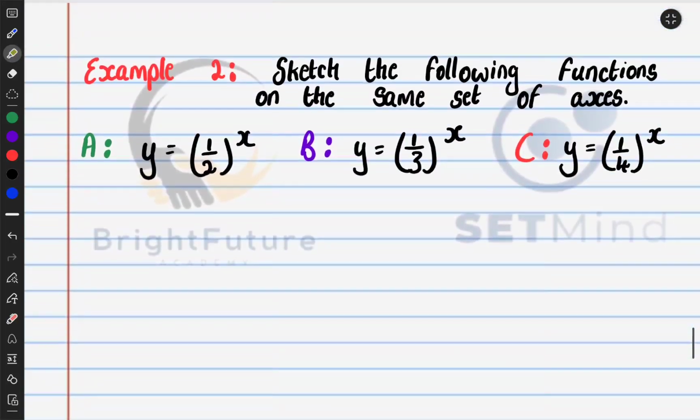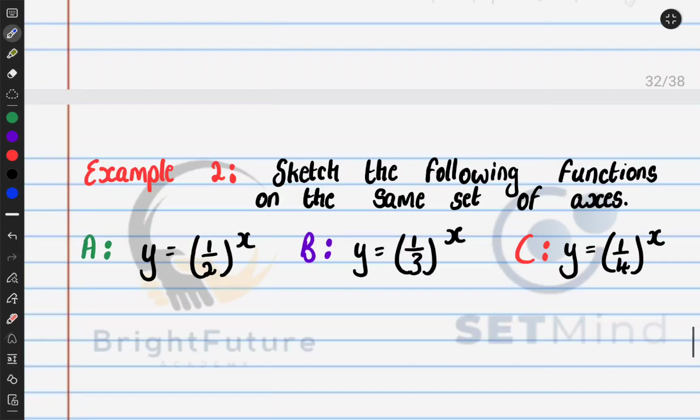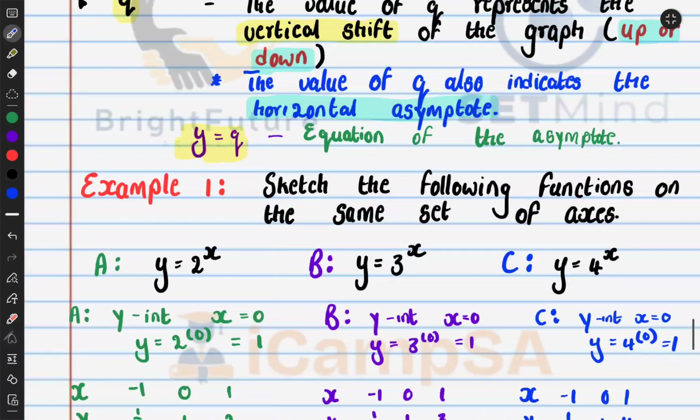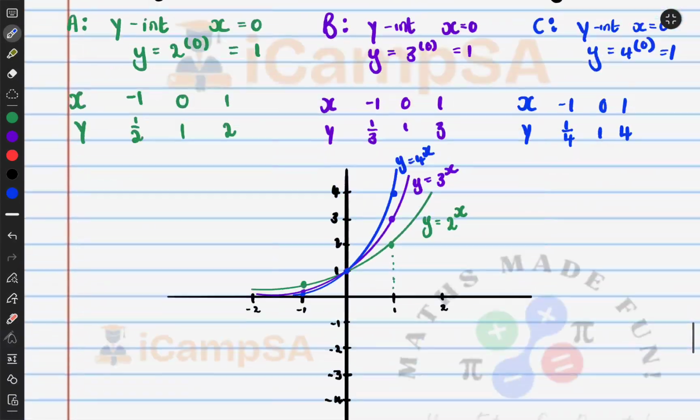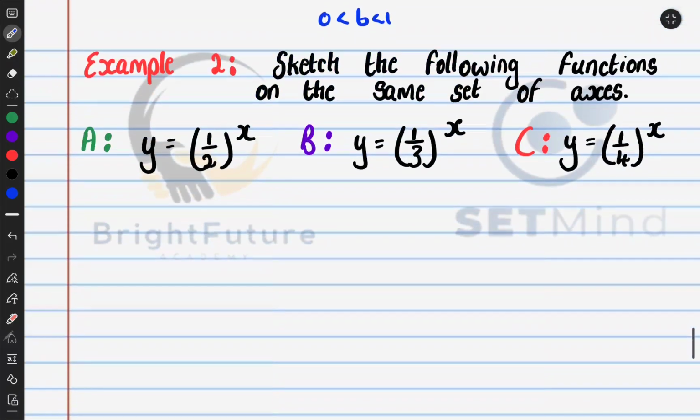Next, let's do this example. Now we are dealing with the functions with the restriction of 0 < p < 1.